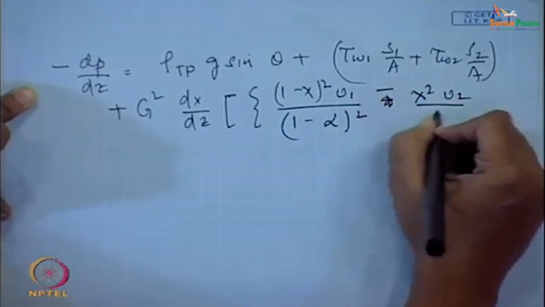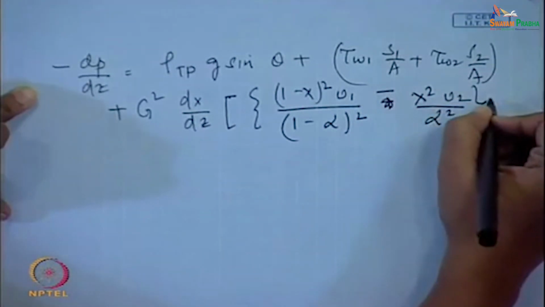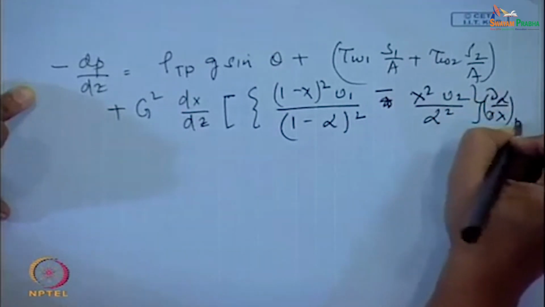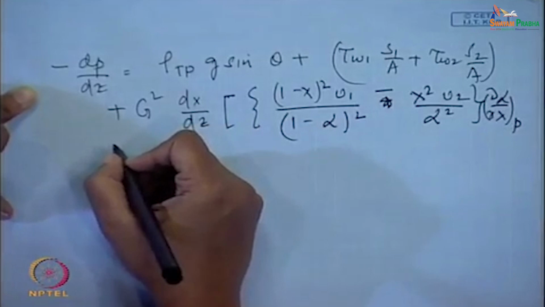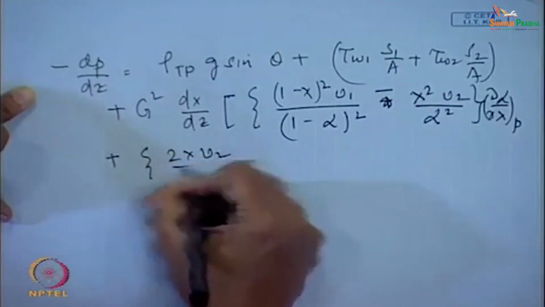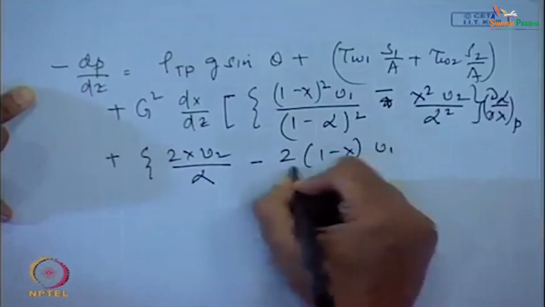Just check with the expression I have derived in the last class and let me know if I am making some mistakes in writing it down. Plus 2x, this was already deduced, so you need not note it down anymore.